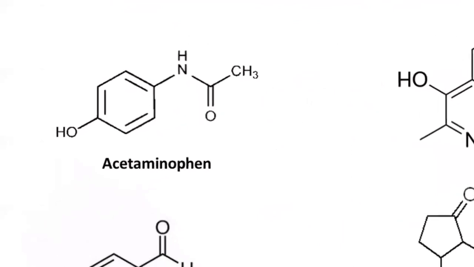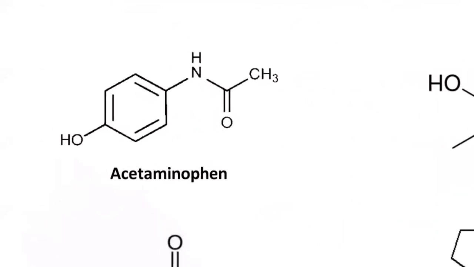So I'm going to do the first one that is on the first row towards the left, and this is acetaminophen. So acetaminophen is one of those pain reliever medicines that you can utilize. And this is the structure of acetaminophen.